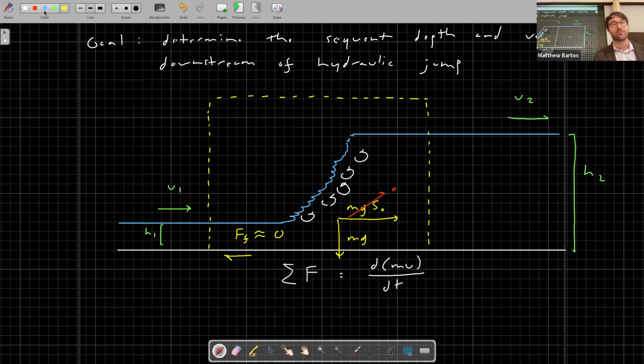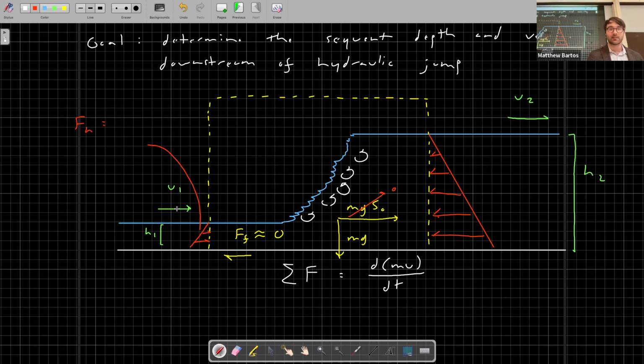Pressure. Okay, so we have the hydrostatic pressure of the water itself, and it's acting on both sides. So we will have the hydrostatic pressure at the upstream end.